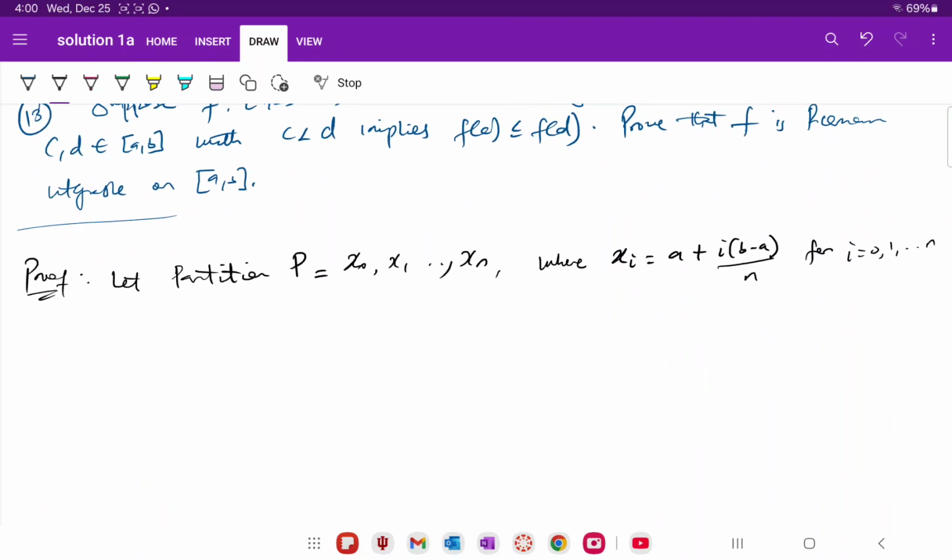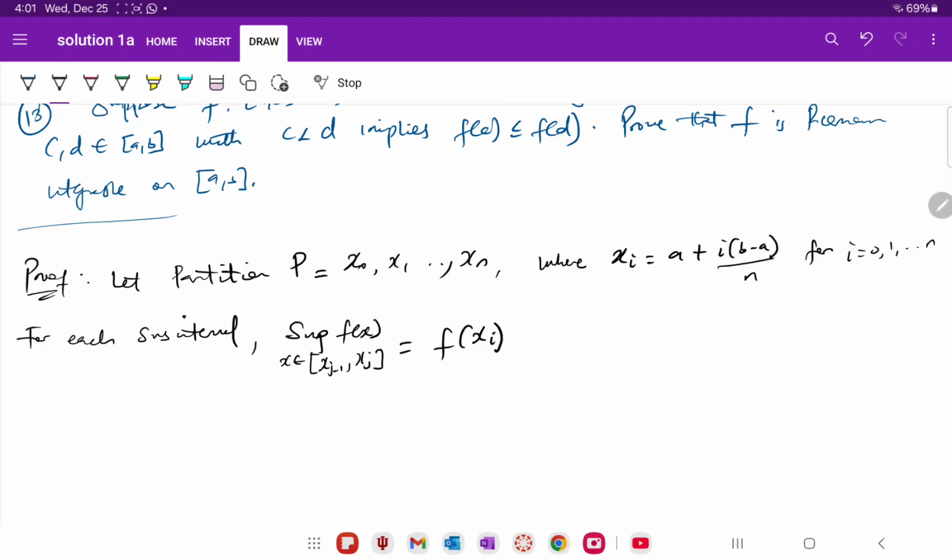With that, I define our supremum for each interval. So for each sub-interval, our supremum of f of x for x belonging to xi minus 1, xi will be equal to f of xi.